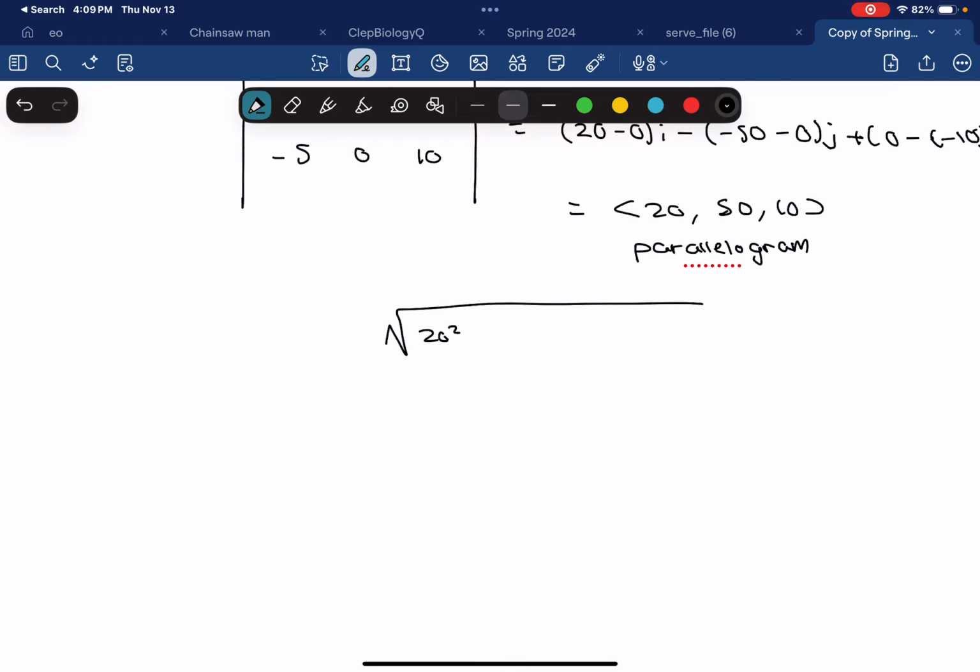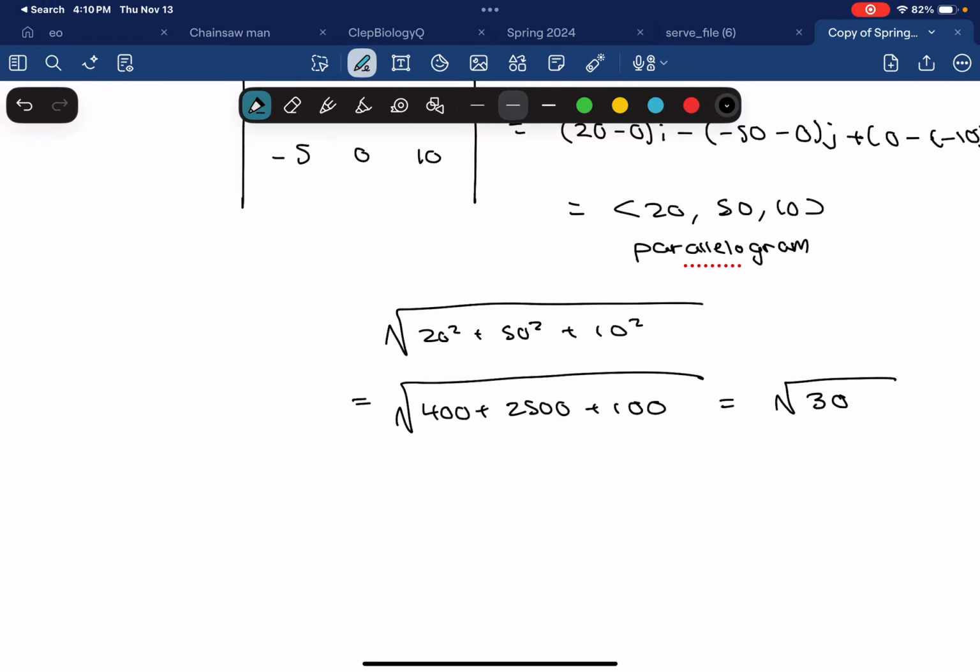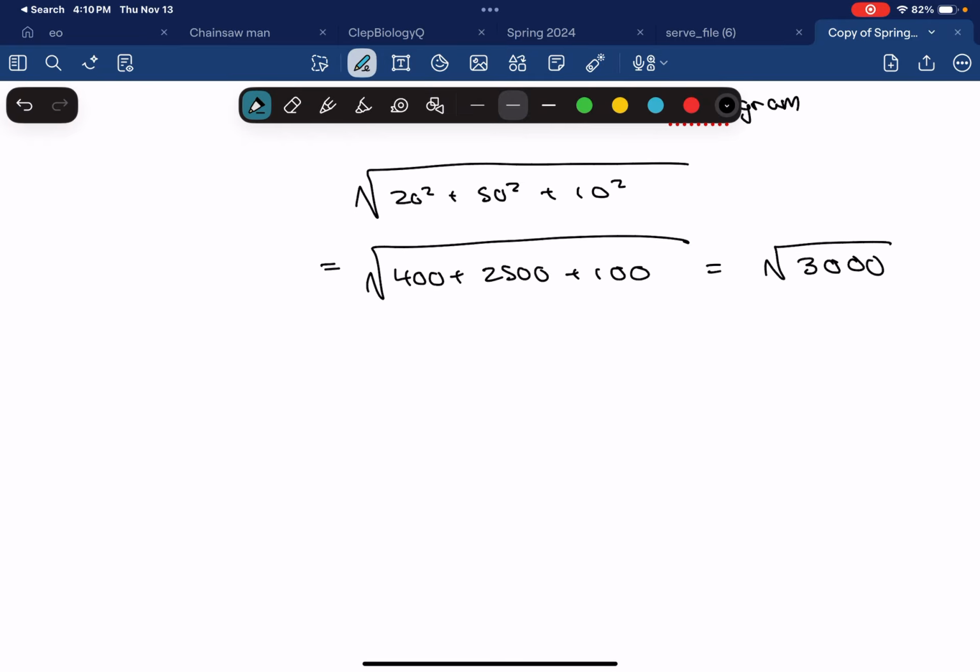20 squared plus 50 squared plus 10 squared. That would be equal to the square root of 400 plus 2500 plus 100, which is the square root of 3000. Now, how I'm going to do this, I'm going to split this into 30 times 100, which gets me 10 times the square root of 30.